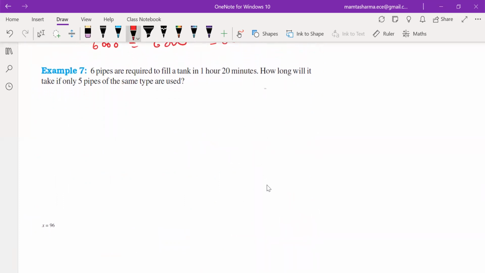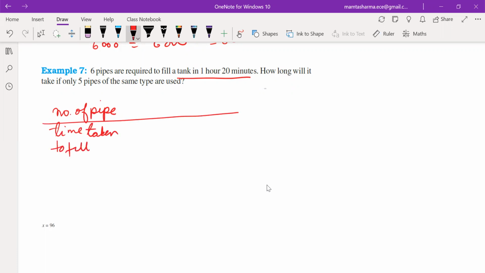6 pipes are required to fill a tank in 1 hour 20 minutes. So first identify the two things: number of pipes, and the second thing is time taken to fill the tank.